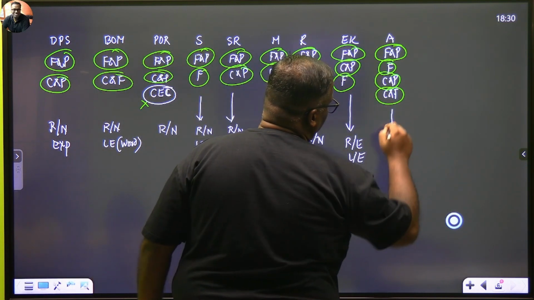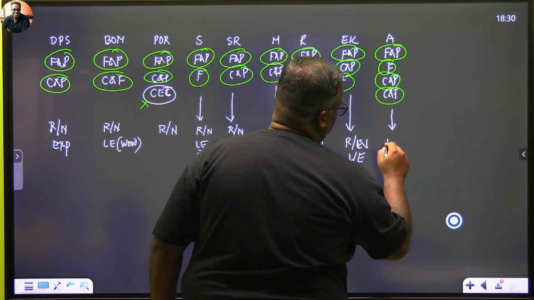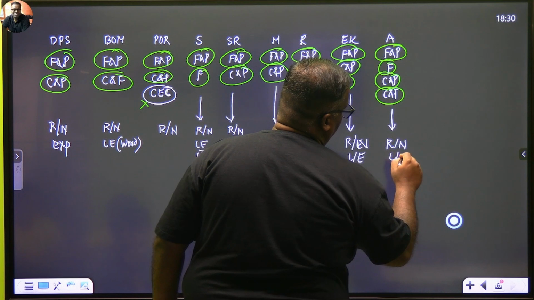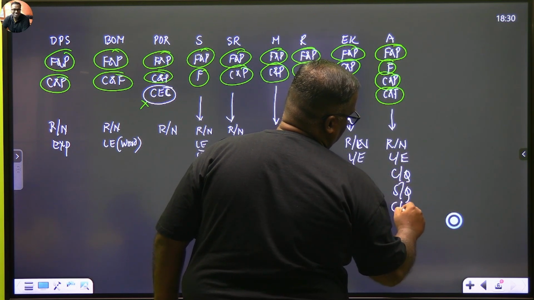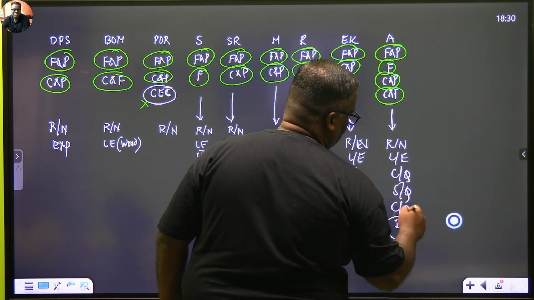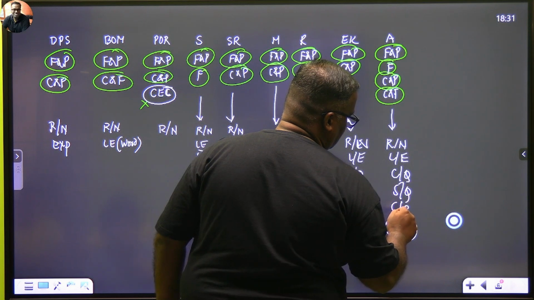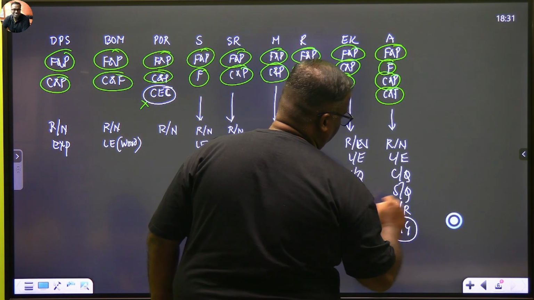And Yadu? In our school, rational numbers, linear equations, comparing quantities, squares and square roots, cubes and cube roots, and introduction to graphs. So he is going ahead anyway because they have started early. Sir, even we have completed data handling also. Data handling. Right, fine.